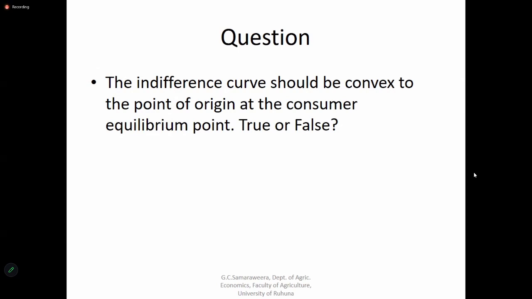Indifference curve should be convex to the point of origin at the consumer equilibrium point. True or false? No idea. Just imagine the graph. Indifference curve should be convex to the point of origin, that means zero level, at the consumer equilibrium point.